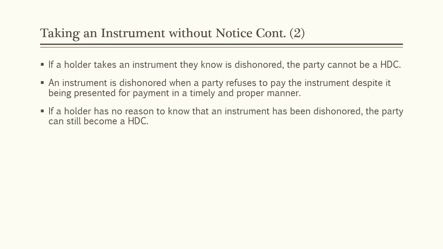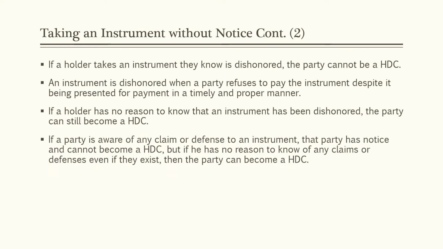If a holder has no reason to know that an instrument has been dishonored, the party can still become a holder in due course. If a party is aware of any claim or defense to an instrument, that party has notice and cannot become a holder in due course. But if he has no reason to know of any claims or defenses, even if they exist, then the party can become a holder in due course.